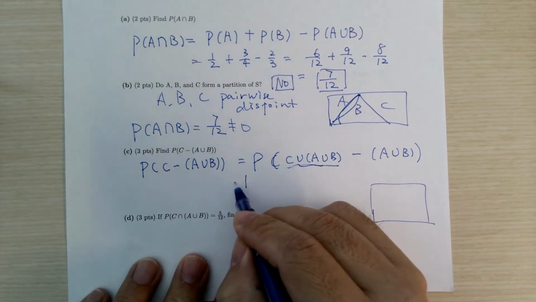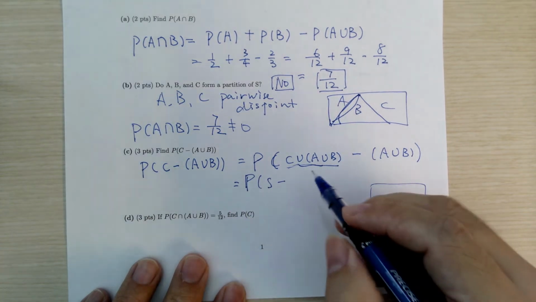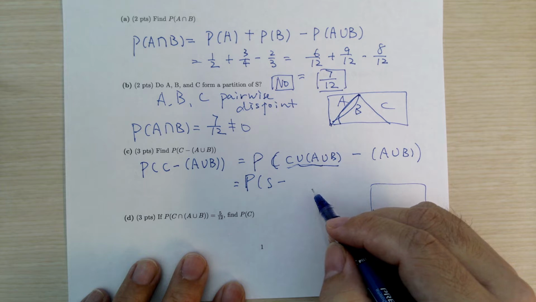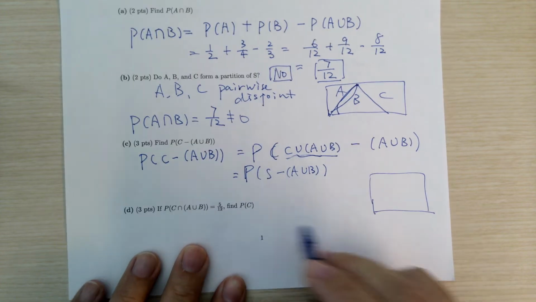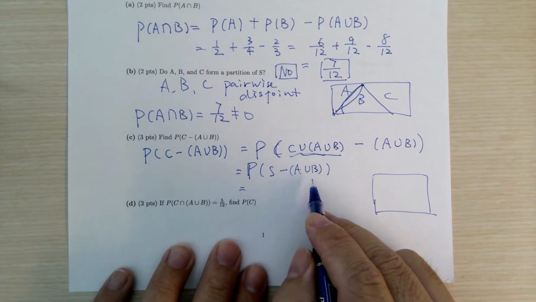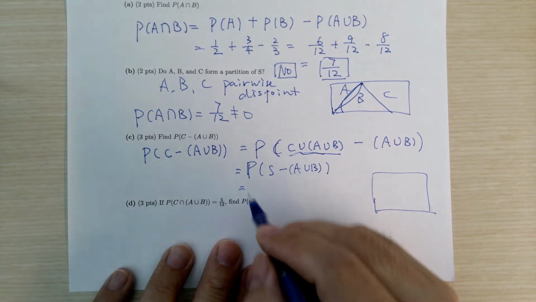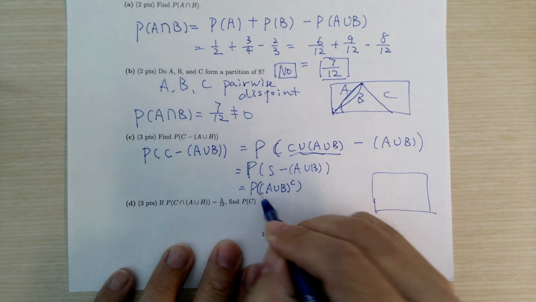So it's going to equal P(S minus A union B), and do you realize that this equals the complement of A union B, right?